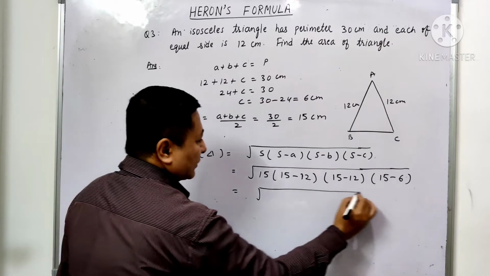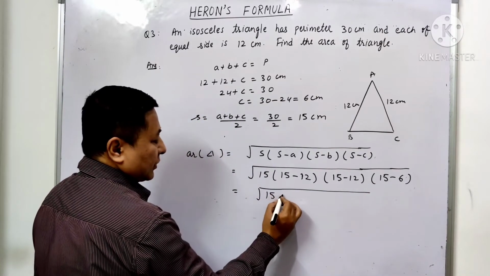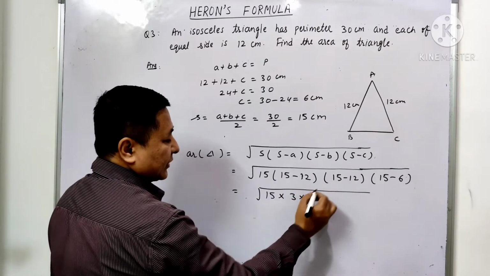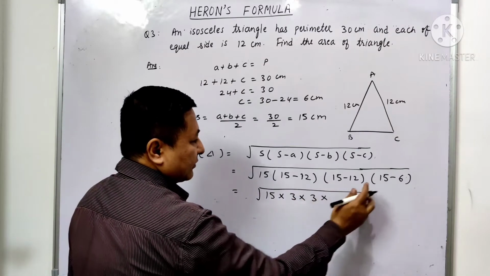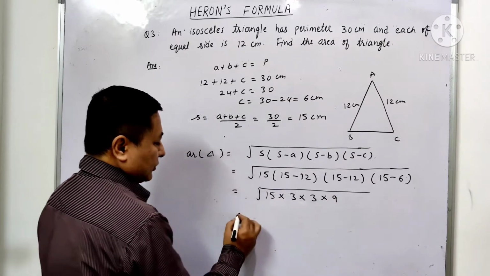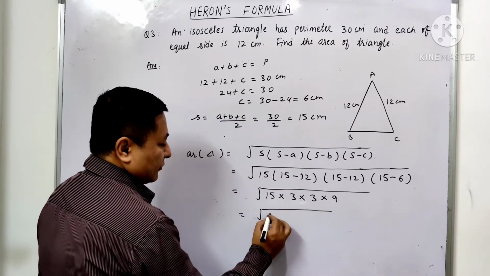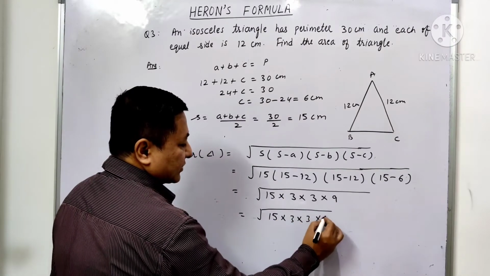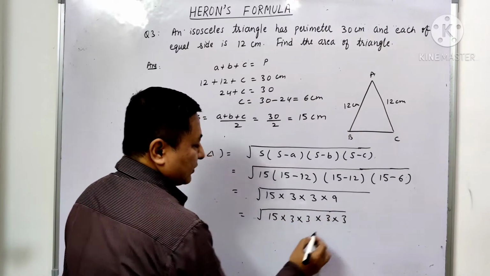This is 15. And 15 minus 12 will be 3. This will again be 3. And 15 minus 6 will be 9. So we'll make the factors of it again. 15 into 3 into 3, and then the factor of 9 is 3 into 3. So now we'll make a pair.